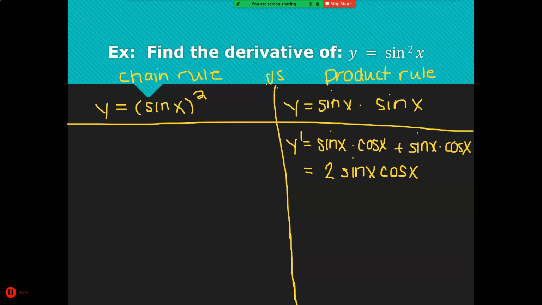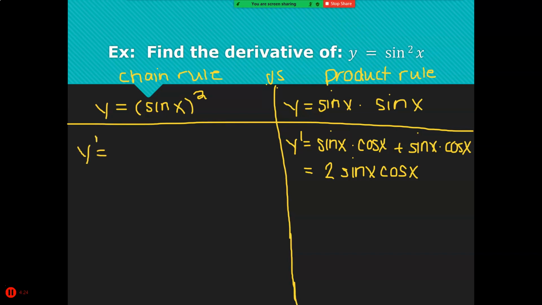If you forget, you could do that. I mean, that's the product rule, right? Where do you see the chain rule? So what's the derivative of something squared? Yeah, 2 times that something, right?